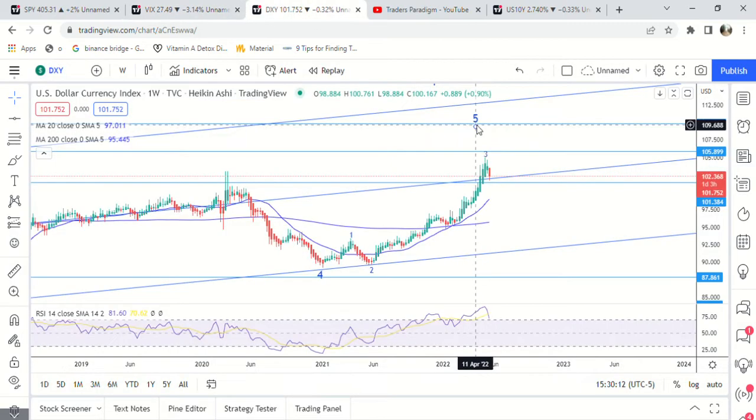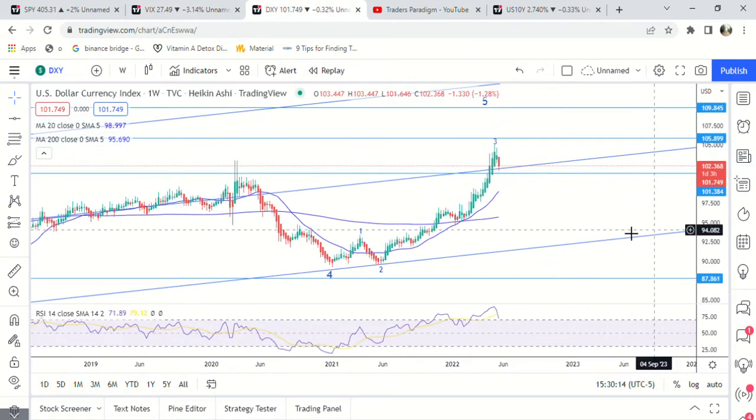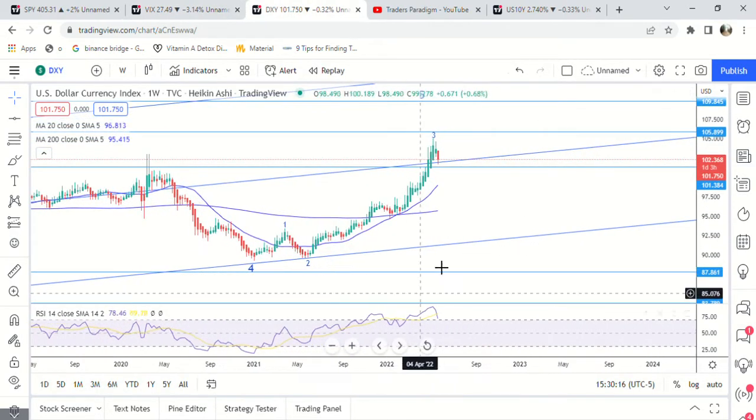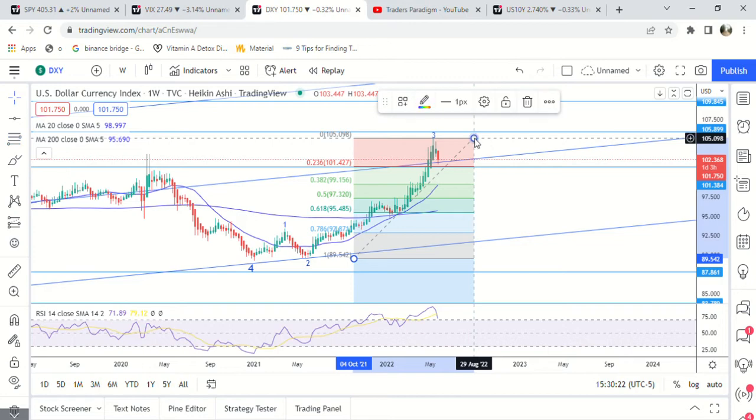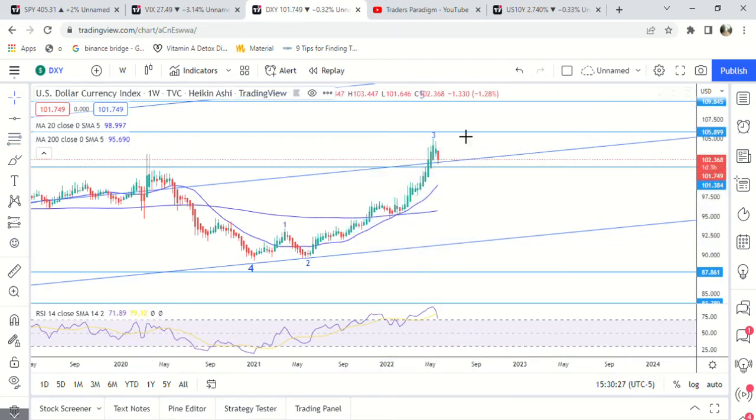Now let's look at the dollar. And the dollar, if you watch my dollar video, is doing exactly what I had said too. It's doing a fourth wave. Where are we looking for the fourth wave? We are looking for around 101.50. And if you zoom in here, this is actually about to finish an A wave. So we would look for a bounce on the B wave, maybe to like 102, 103, and then maybe a little bit farther down, maybe down to like 101 to end this fourth wave.